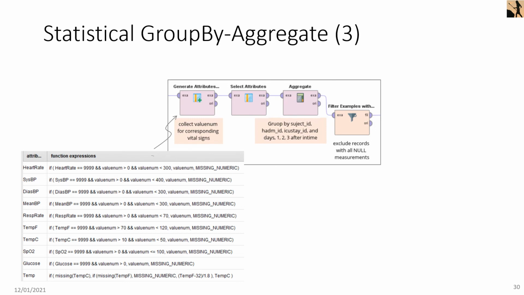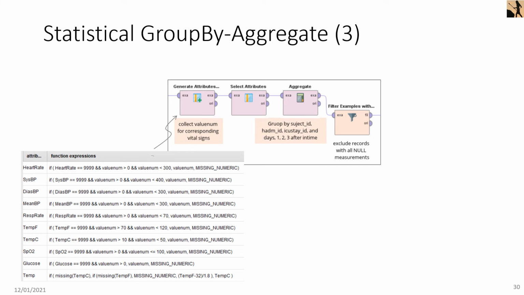For heart rate, we would like to make sure they are within the range. If within the range, we use the value number. Otherwise, we label them as a missing numerical, right? This missing numerical is the question mark we used earlier, but inside this operation, the missing numerical is the defined constant in RapidMiner.